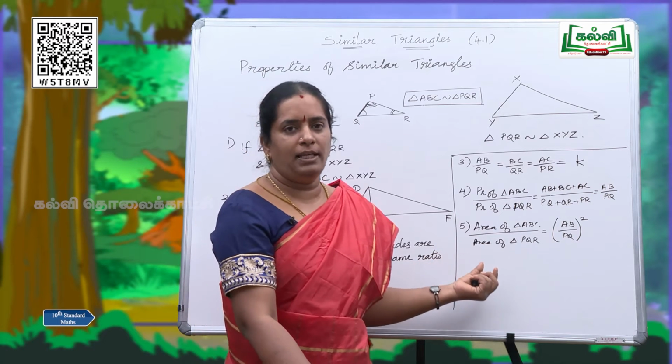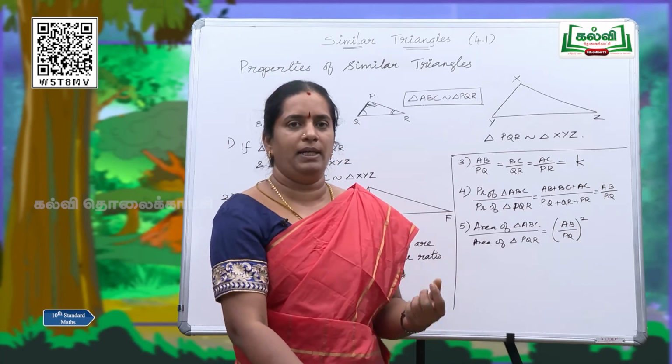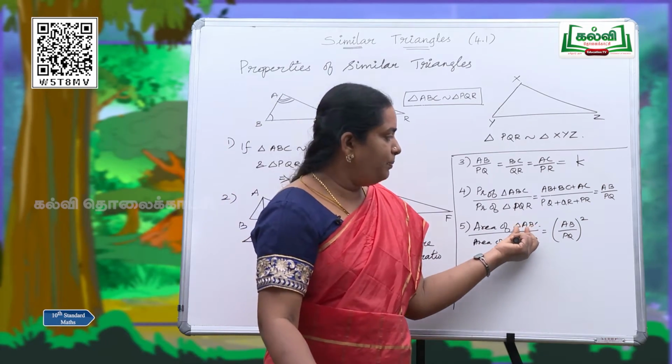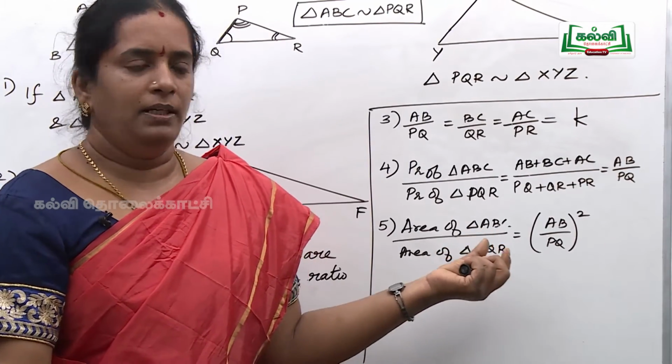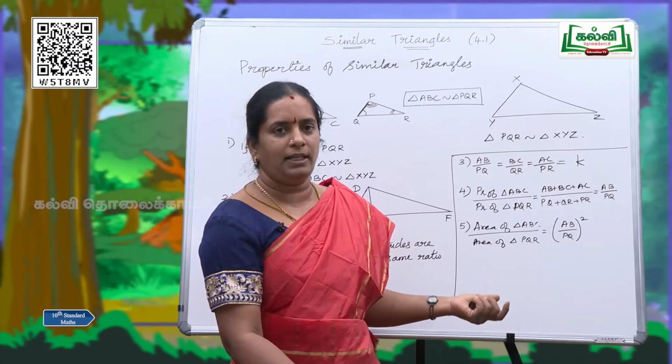And let us see the area. So what is the formula for the area of a triangle? Yes, half base into height. So half BH of ABC divided by half BH of PQR. Half and half will get cancelled.